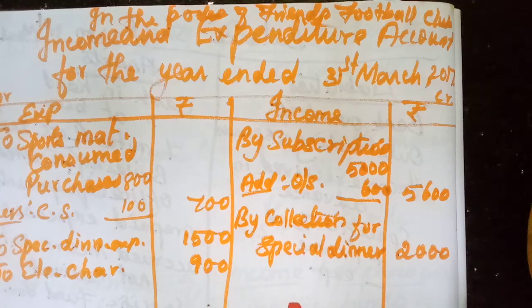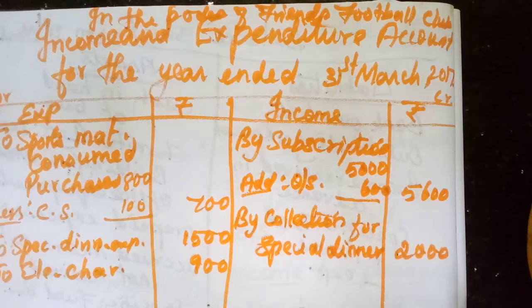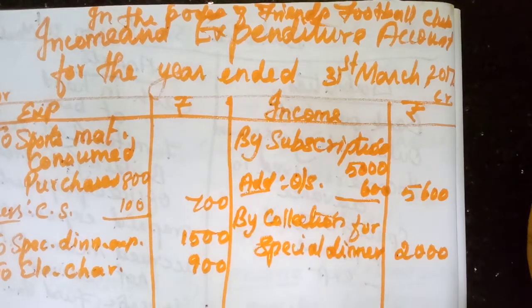We have entered all things from the receipts and payments side. Now you need to check any other adjustments given. Club had furniture 12,000. Then ignore depreciation, no depreciation. Outstanding subscription we have taken. Stock of sports materials we have adjusted. Capital fund in the balance sheet. So that's all we need to balance it.